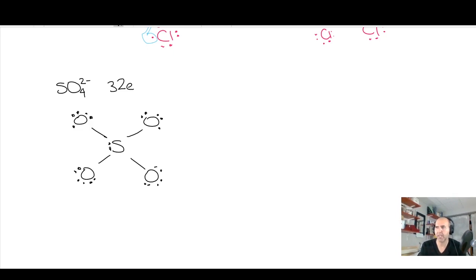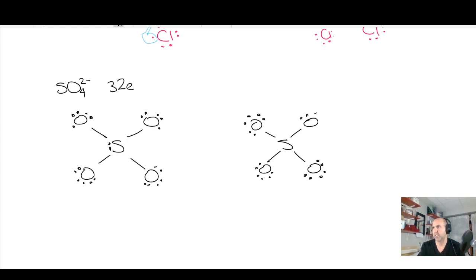One possibility is that these electrons here on the sulfur get redistributed so that the structure looks like this.